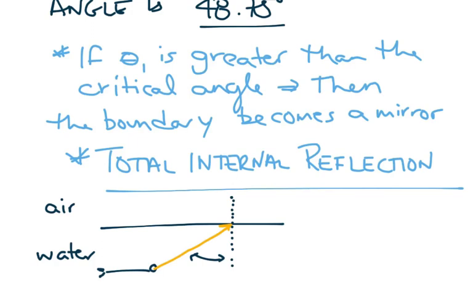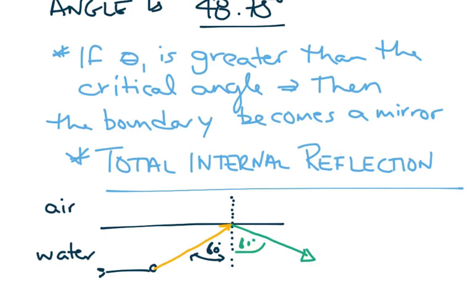What do you think it is? 60? Sure. So that's 60 degrees. 60 degrees is greater than 48.75, which means the ray, when it hits here, won't actually leave. What it does is it becomes a mirror, and the reflected ray is now 60 degrees because for a mirror, angle of incidence equals angle of reflection. And so that light doesn't actually leave.